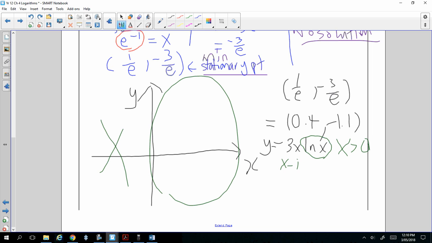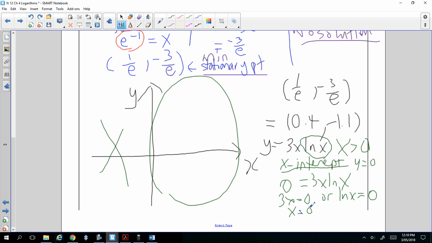We make y 0. You write 0 equal to 3x ln x. That means 3x is 0 or ln x is 0. Now 3x is 0 means x is 0. How about ln x equal to 0? Write it in index form.